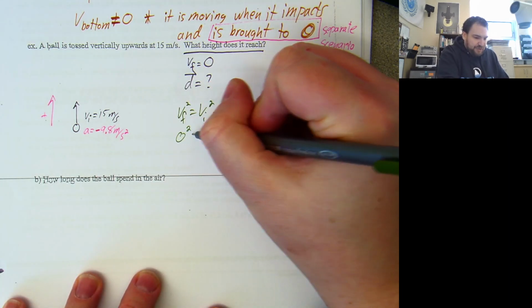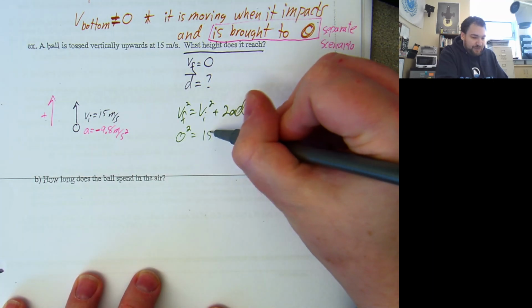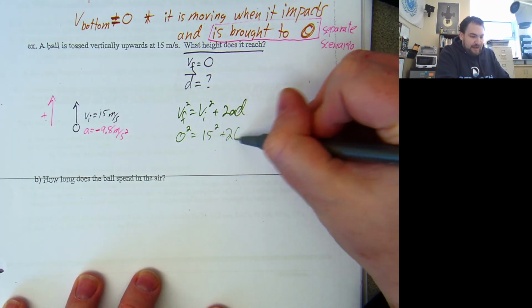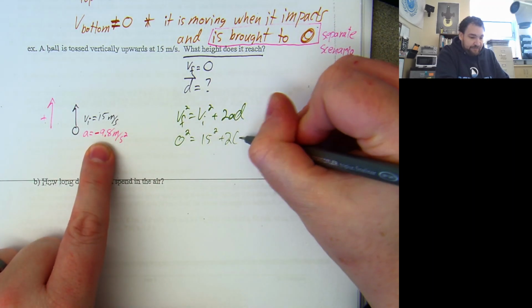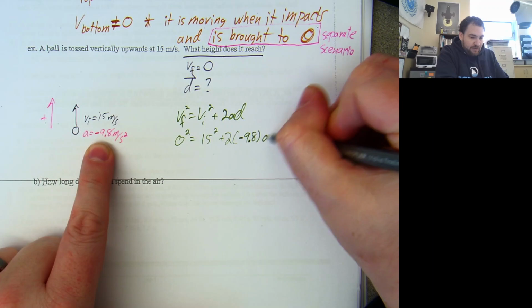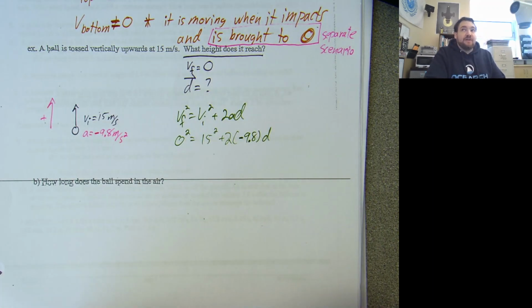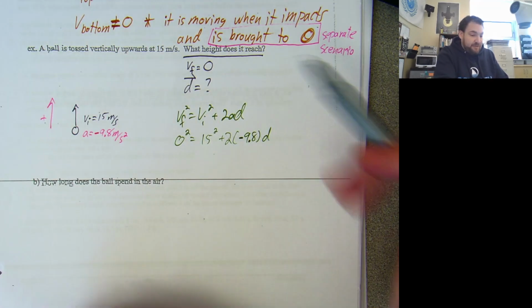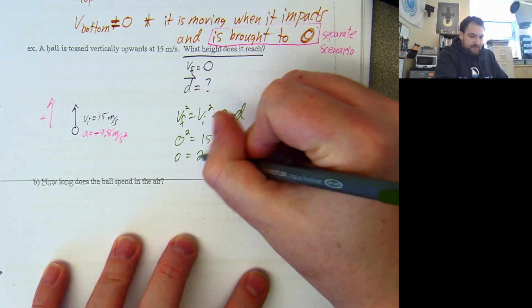VF is 0 and we're squaring it. VI is 15 and we're squaring it. Plus 2 times A, which is negative 9.8, times D. And now we just have to go ahead and solve. 0 squared is 0. 15 squared is 225.